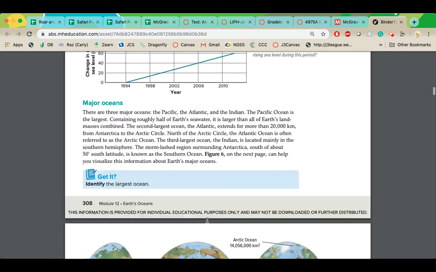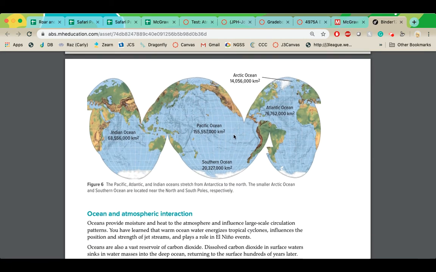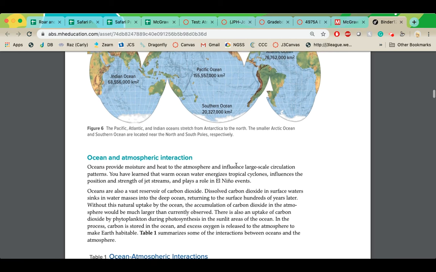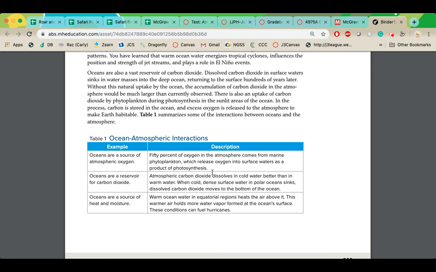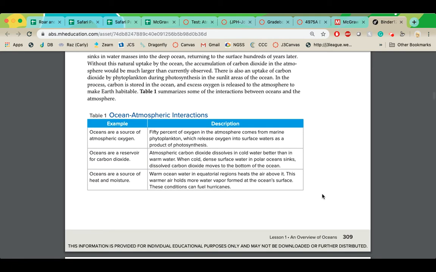So there's various oceans and it goes over the major oceans. You can look at those and learn that. That's not something that's new to you. Something that is interesting here is about 50% of the oxygen in the atmosphere comes from phytoplankton. That's plant plankton in the ocean. And then something that's often overlooked is that our oceans are a major what's called a sink, or your book calls them a reservoir of carbon dioxide.